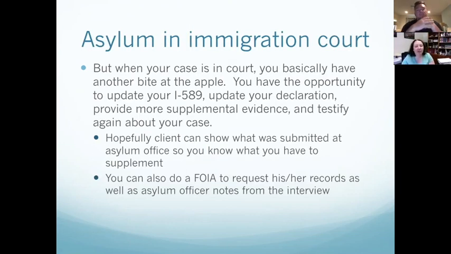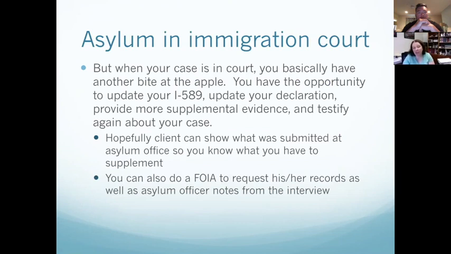So basically, you have another chance to present your case to the immigration judge, and the immigration judge doesn't really look at the prior adjudication. Sometimes the Department of Homeland Security attorneys will raise the prior adjudication by the asylum office in immigration court, but if they don't, it's basically like you're presenting the client's case for the first time.